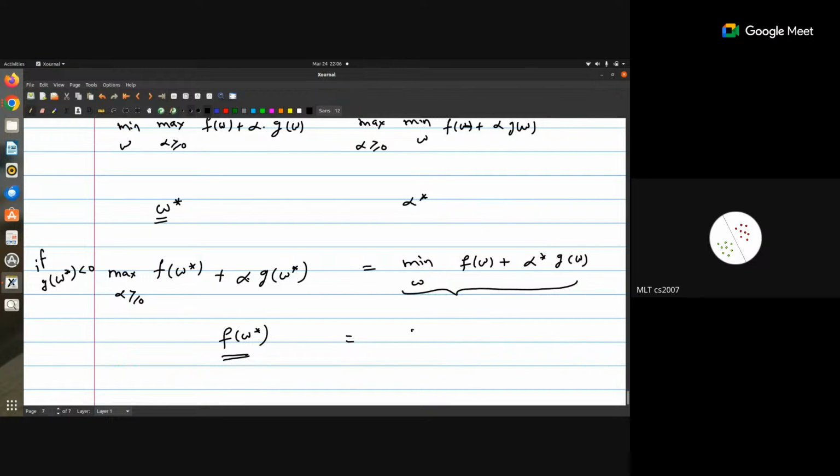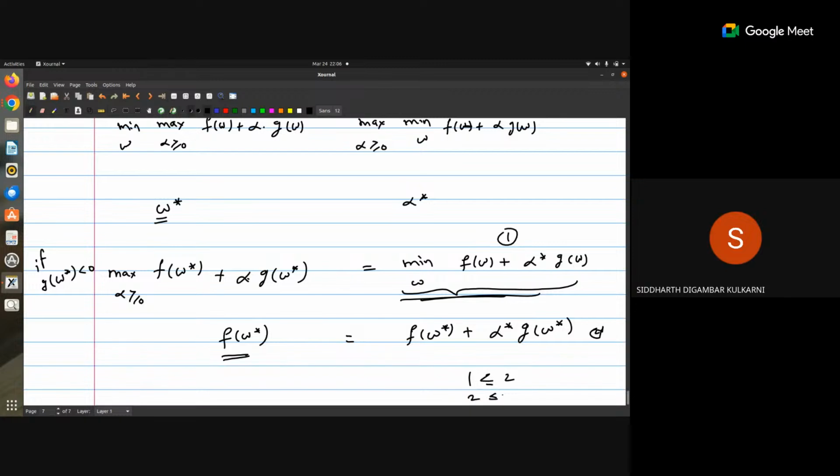If I write down f of w star plus alpha star g of w star, this quantity will be less than or greater than this part? It will be lesser than the min. Lesser than which one? Let's say I label them 1 and 2. Is 1 less than or equal to 2, or will 2 be less than 1? Think about it again some more.